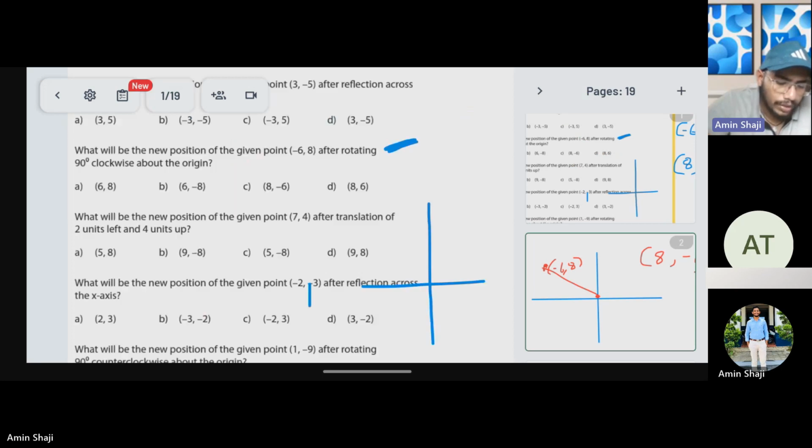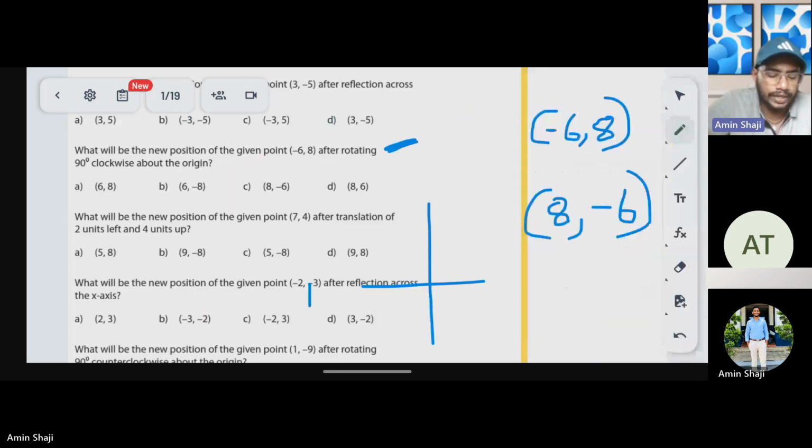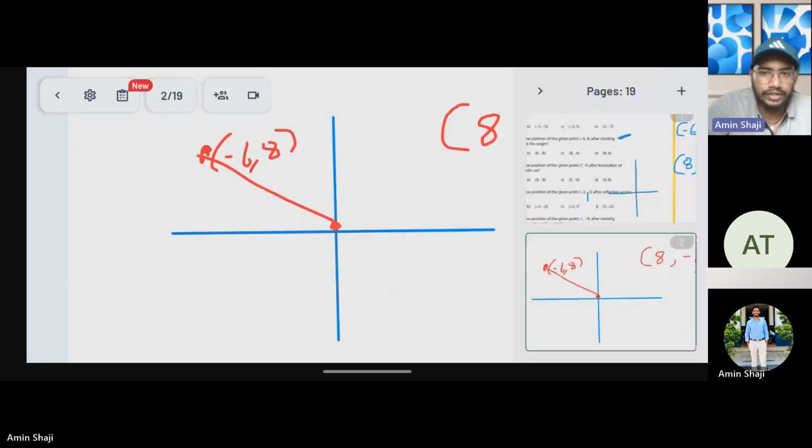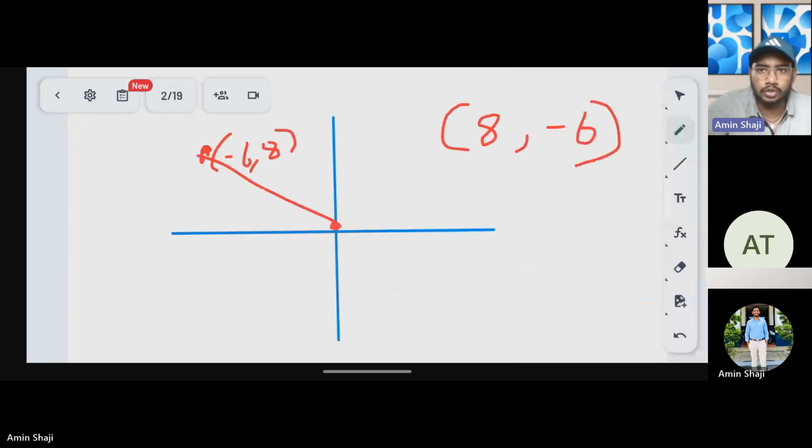So in the clockwise direction, if I'm rotating this -6, 8 by 90 degrees, in which quadrant will this point be lying after rotation? In which quadrant will it be lying after that? First quadrant, right?